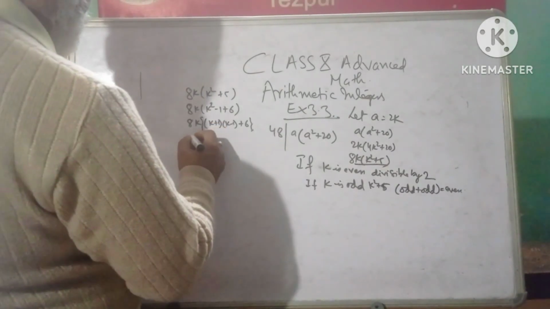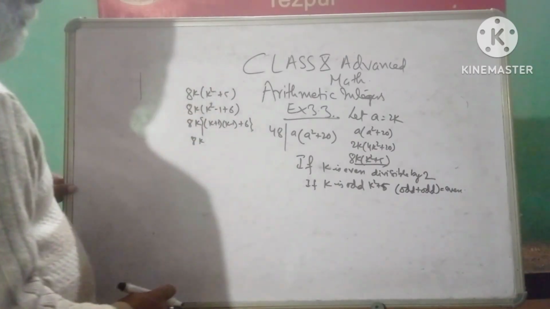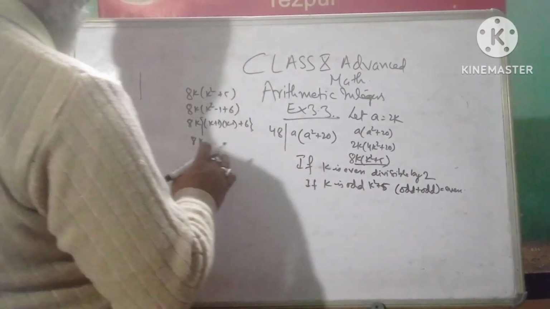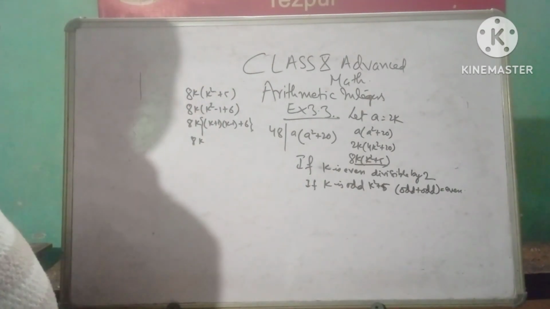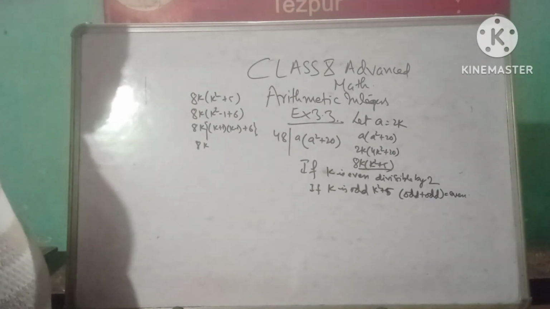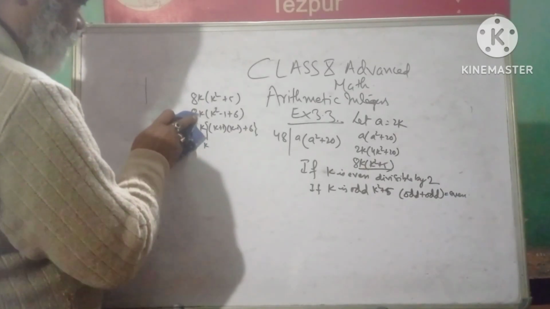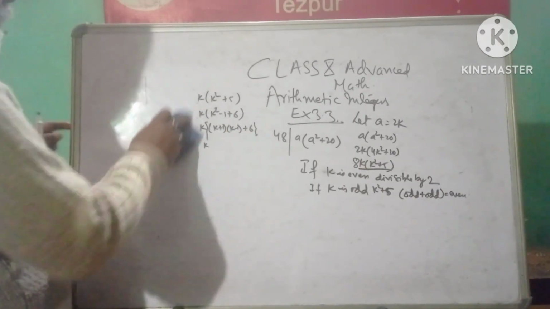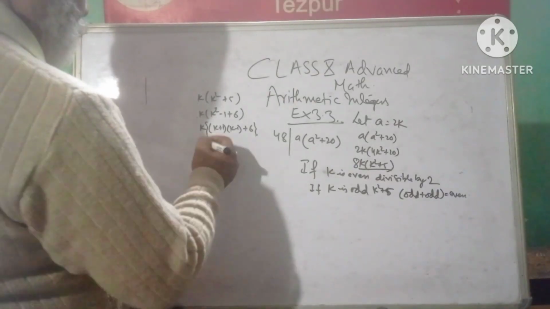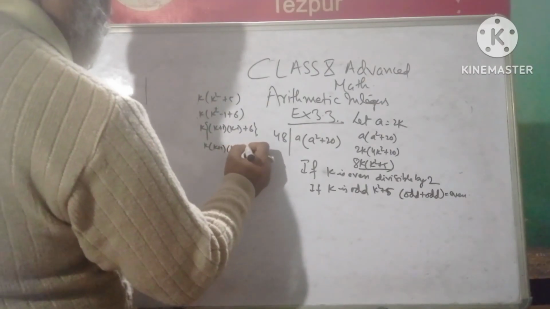So let us do one thing here. So here you get k plus 1 into k minus 1 plus 6k.